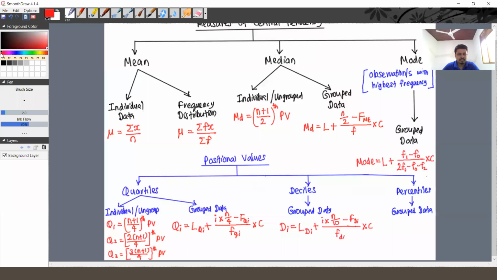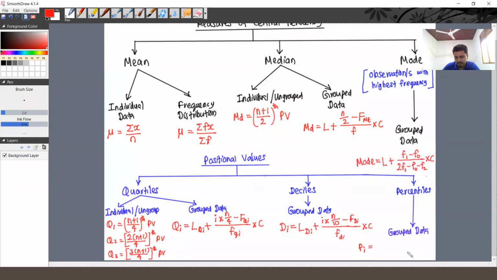Here it is the same as what we did for quartiles and deciles. The only difference is that instead of dividing by 10, we divide by 100. Right? So I will use a different color. Grouped data. Pi percentile, it can be P25, P28, P89, whatever it is.